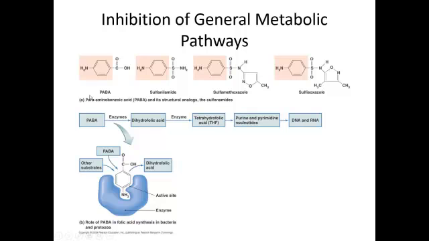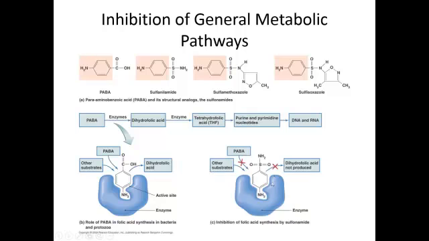So here is what PABA looks like, and you can see how the sulfa drugs have this same benzene ring with an amine group, but we've got different things over on this end other than this acid group. But they fit into the active site of the enzyme just fine, block the entrance of PABA, and we don't get dihydrofolic acid produced.